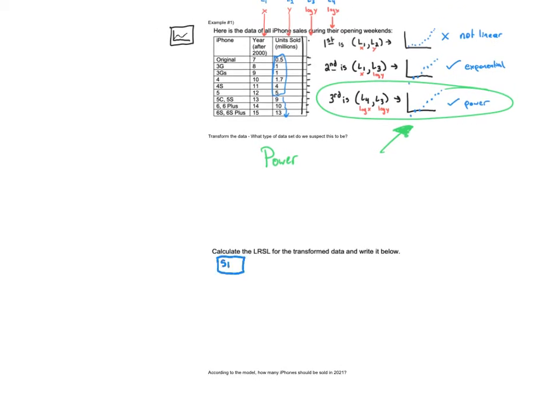Let's go to our stat button, and then let's go down to LinReg number 8. Now, since we used L4 and L3 for the X and the Y, we need to make sure we punch it in there, L4 and L3, and we calculate.